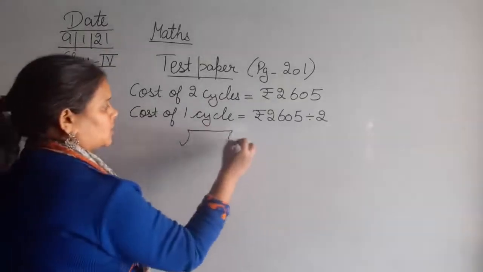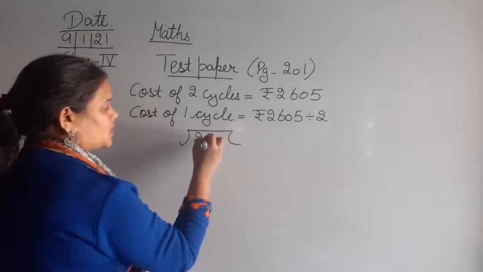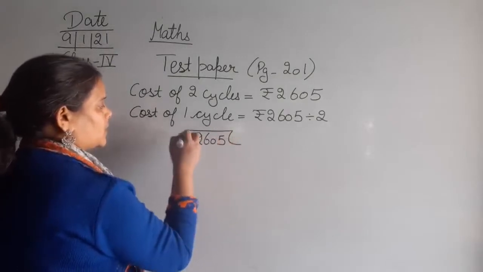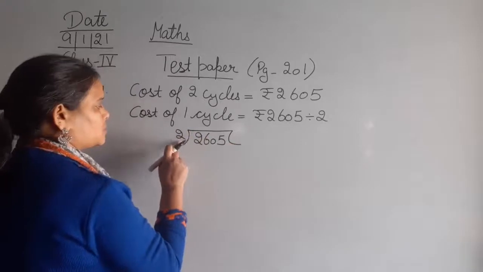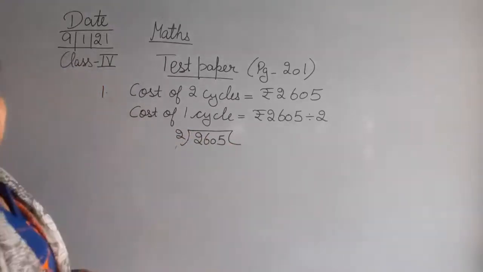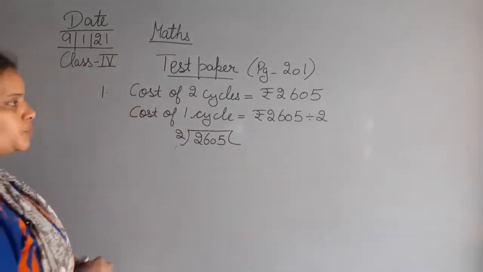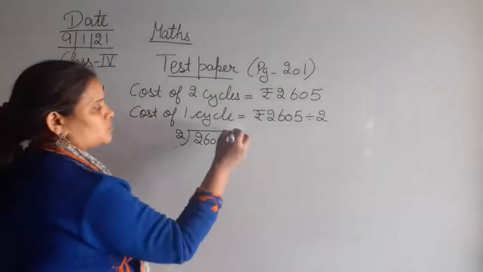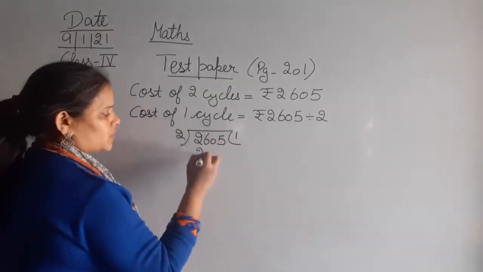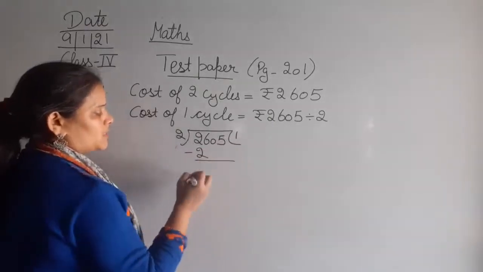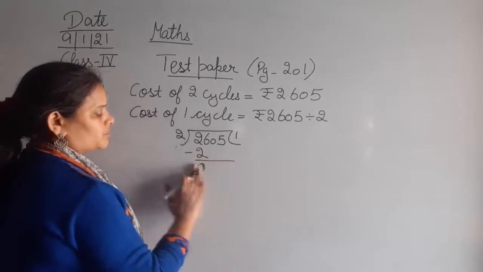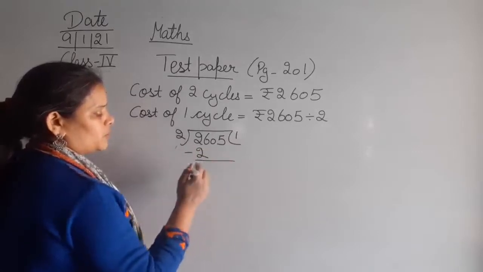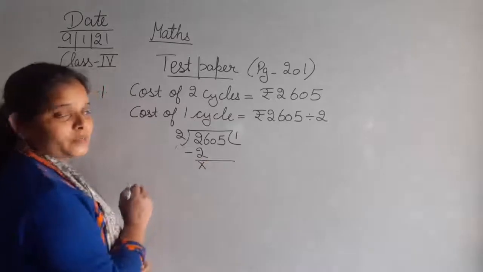Let's do that. 2605 divided by 2. 2 ones are 2, 2 minus 2 is 0. You can write 0 or you can put a cross as well.